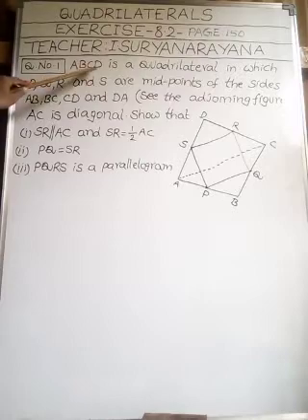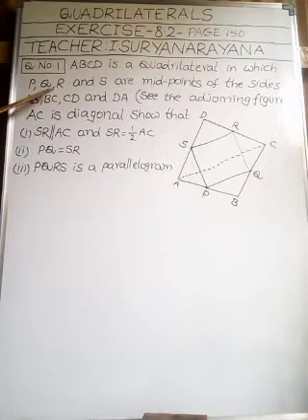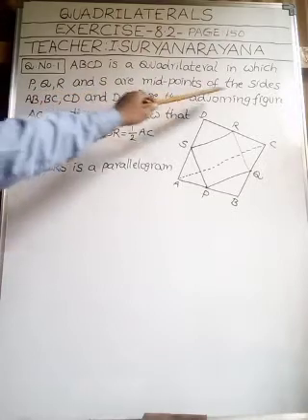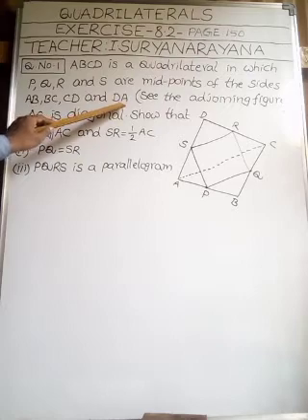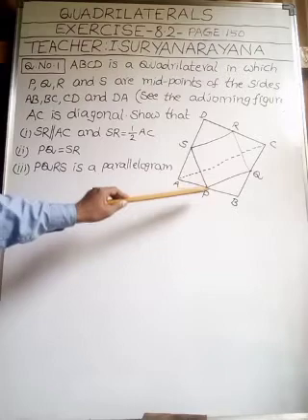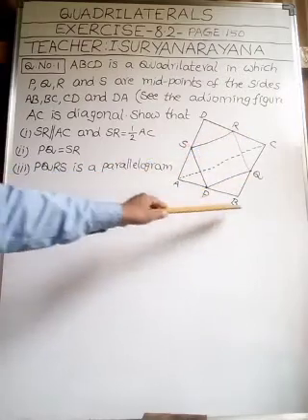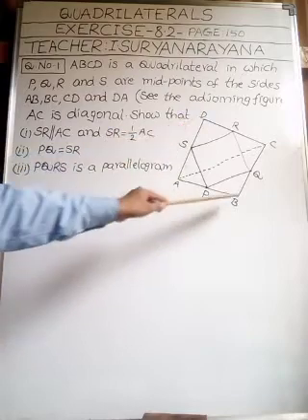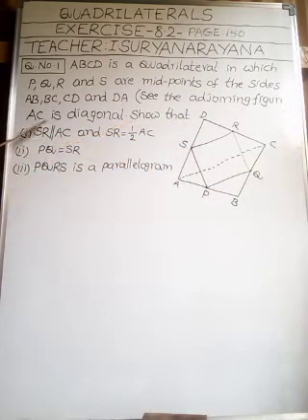ABCD is a quadrilateral in which P, Q, R and S are midpoints of the sides AB, BC, CD and DA respectively. Here AC is a diagonal.